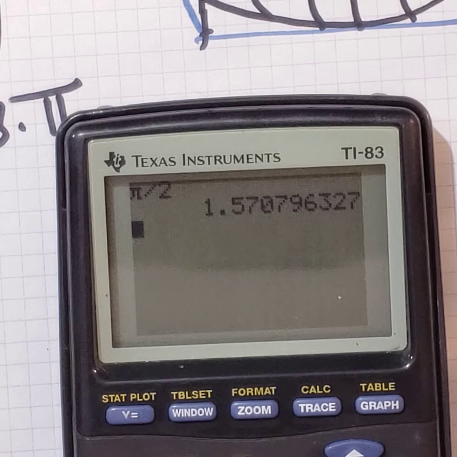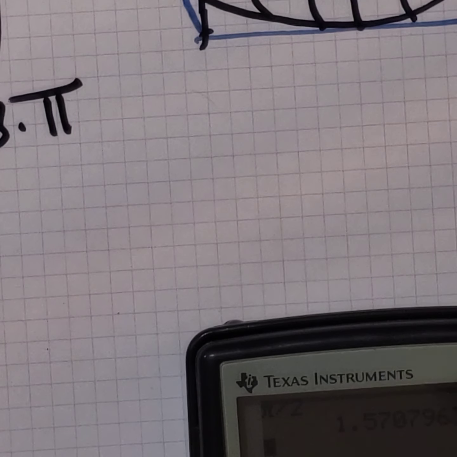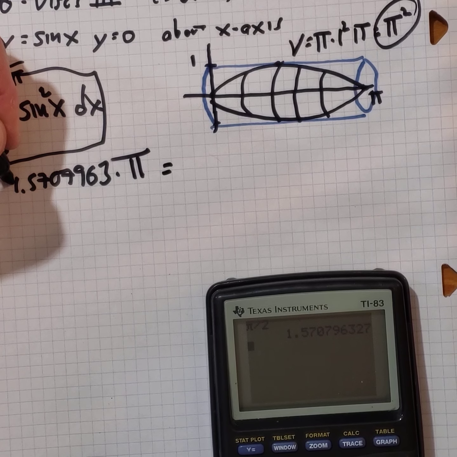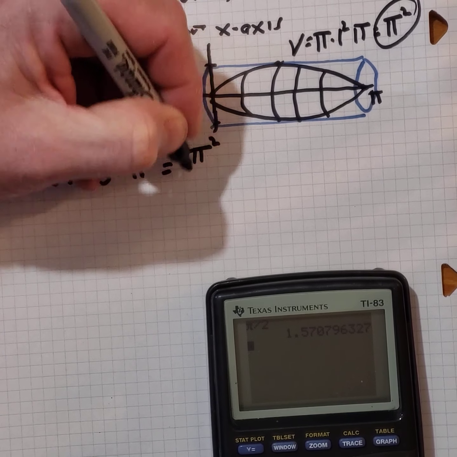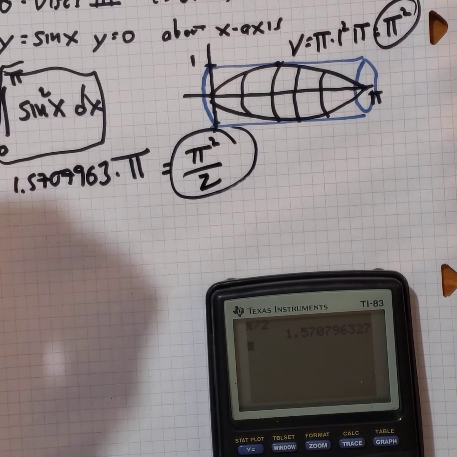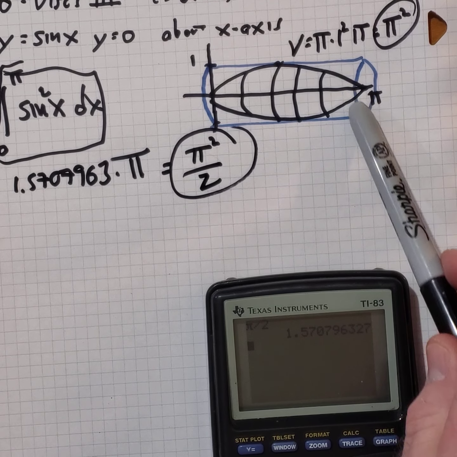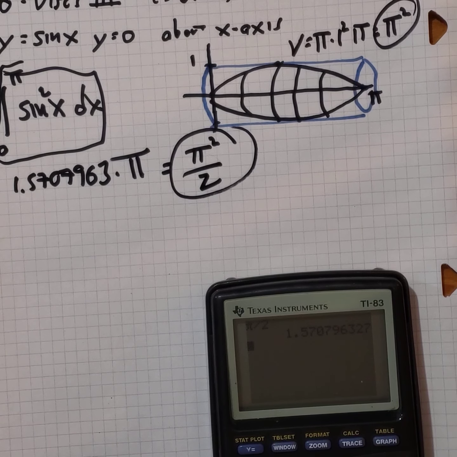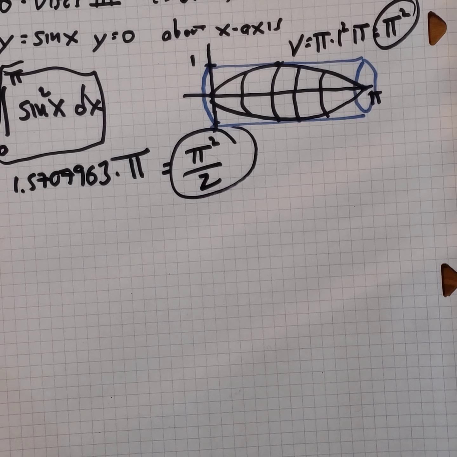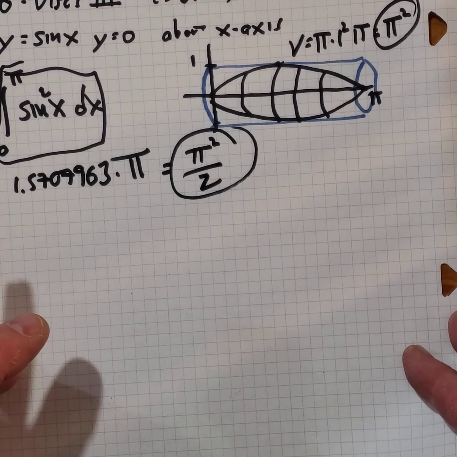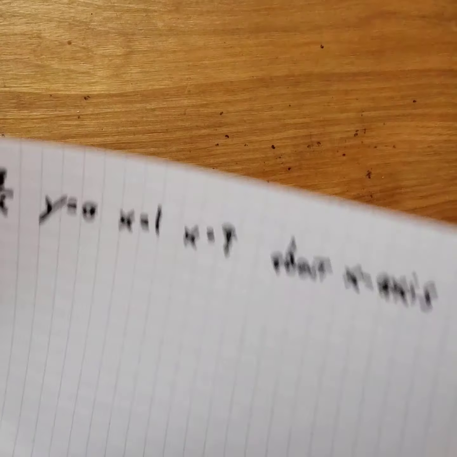So what we really have here for our final value is pi over 2 times pi, which is pi squared over 2. So my guess was that it should be about half of the volume of that box. It ends up being exactly half the volume of that box. I've seen that before. No, I did not realize it was going to be exactly 1/2. One of these days, maybe I will remember that before I get to the end of the problem.